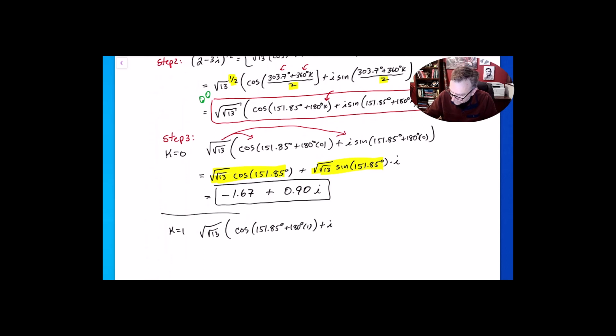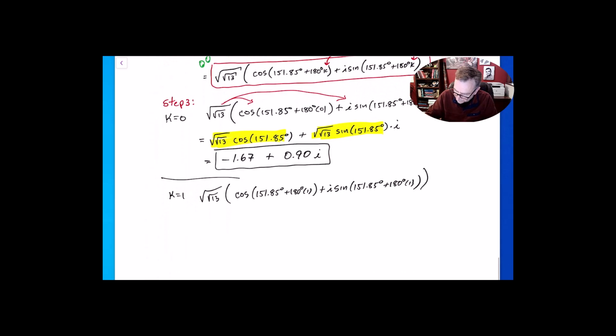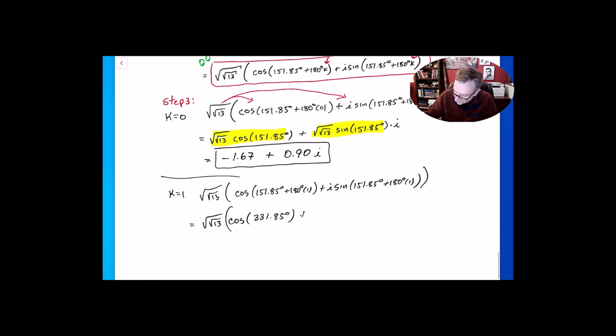Plus I sine that same angle. That's a 1 right there. All right, and so that equals square root 13 cosine of, well, 151.85 plus 180 adds up to 331.85, plus I sine of that same angle.